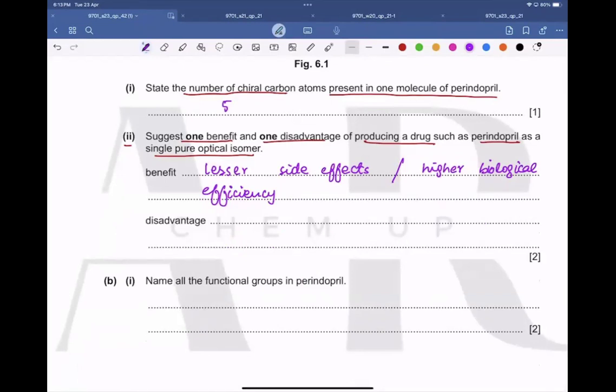So the disadvantage is that we get a lower yield of it. For example, if we are preparing it, we always normally get the racemic mixture. So from the racemic mixture, we have to separate the two enantiomers from each other. If we have to separate them, then obviously the amount of the pure one gets lower.